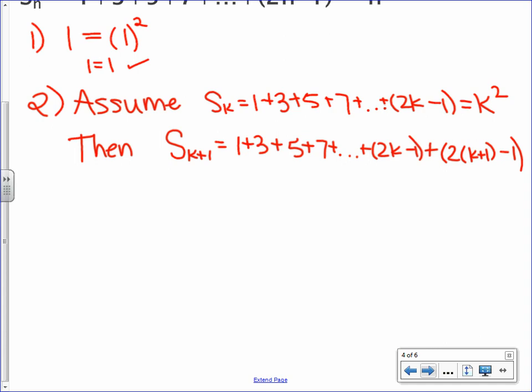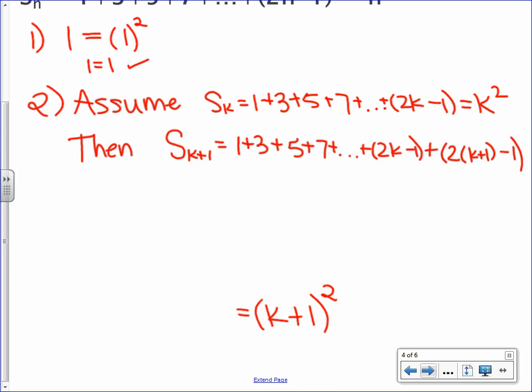Now, this is what we're going to work with, and we want to show that this formula is going to work. So we want to show that this equals what happens when I plug k plus 1 in for the right side of my formula. It is k plus 1 squared. That is what our goal is going to be.